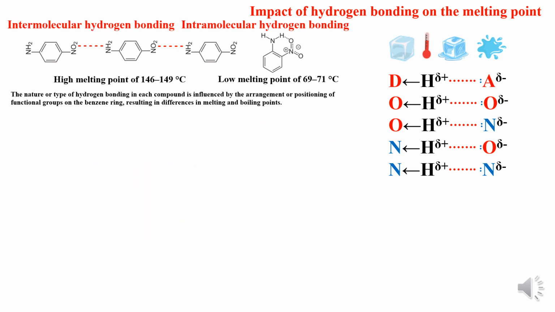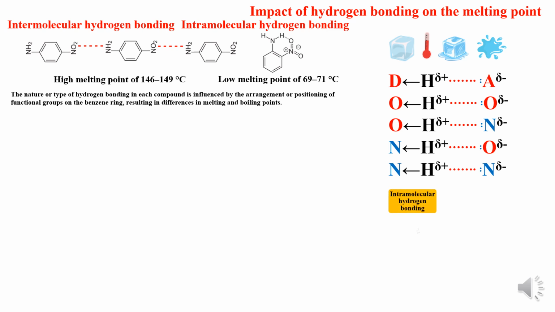So you find intermolecular hydrogen bonding in case of para-nitroaniline, as the nitro and amino groups are far apart from each other, that is to say they are para to each other. But in case of ortho-nitroaniline, they tend to undergo intramolecular hydrogen bonding as they are in close proximity.